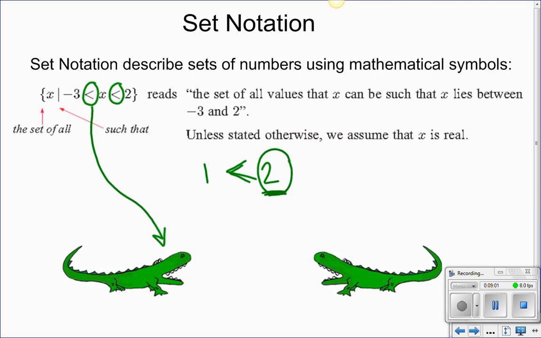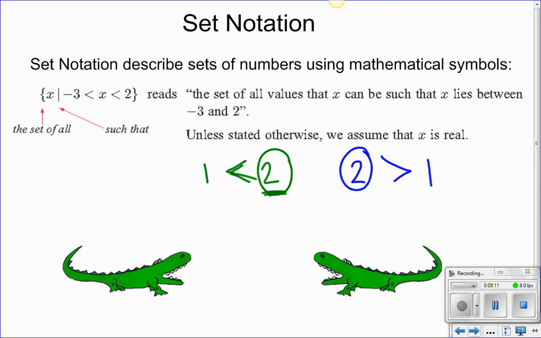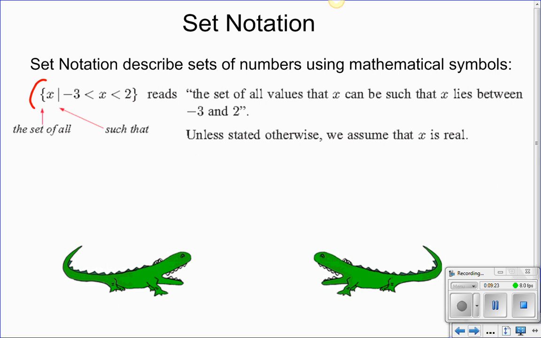Okay, and we should be able to communicate with these. By the way, the alligator mouth can go the other way, so if we have 2 and 1, 2 is larger than 1, so it's going to face this way in that inequality. Okay, when we're reading these symbols, it's not so important that you use these brackets, but I'll let you know what that means just in case you're curious.